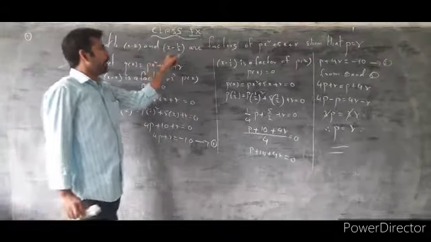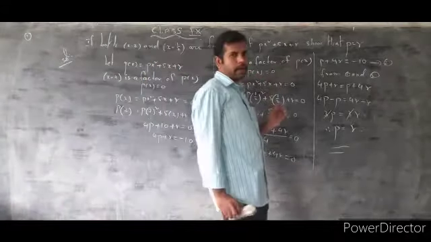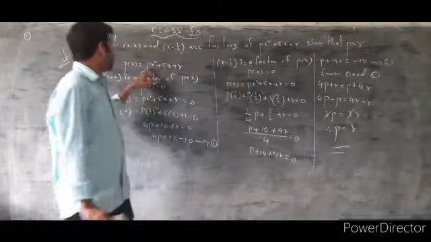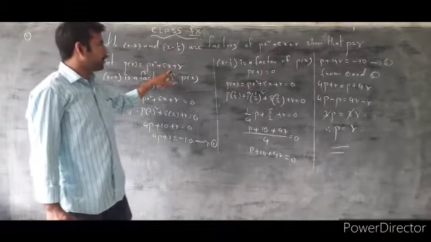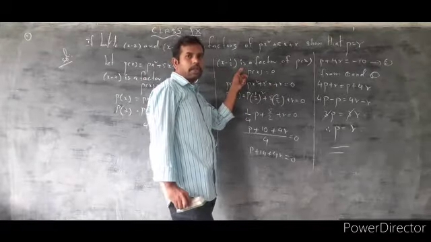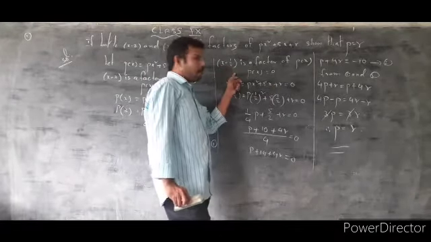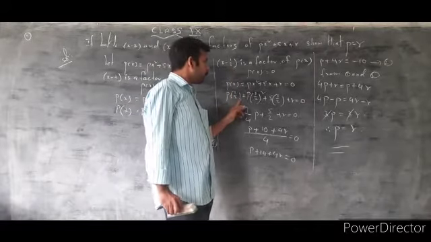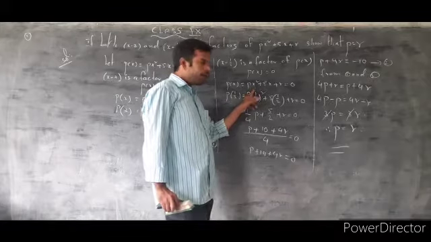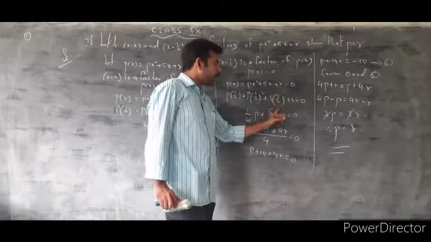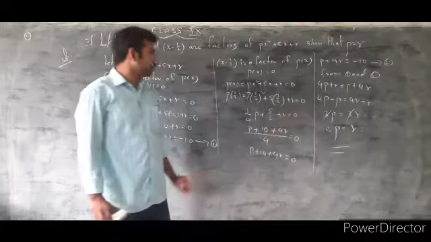And the second one is that x minus half is a factor of p of x, so p of x equal to 0, that is px square plus 5x plus r equal to 0. So x minus half equal to 0, the zero of the polynomial is x equal to half, or 1 by 2, substituted in x. So p of 1 by 2 equals p into 1 by 2 whole square plus 5 into 1 by 2 plus r equal to 0.